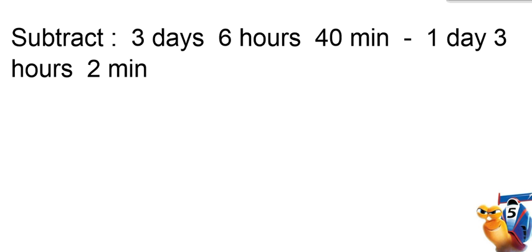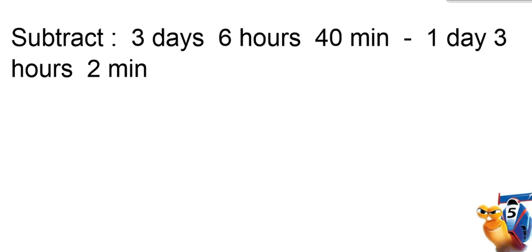So let's work with subtraction. Subtraction is going to follow the same idea. We're going to subtract, and we want to make sure that we're in simplest terms. Now, hopefully, through the subtraction, we aren't going to have to worry too much. However, look at what we're working with: 3 days, 6 hours, 40 minutes. Because we're working with different units, we need to understand the relationship between them.